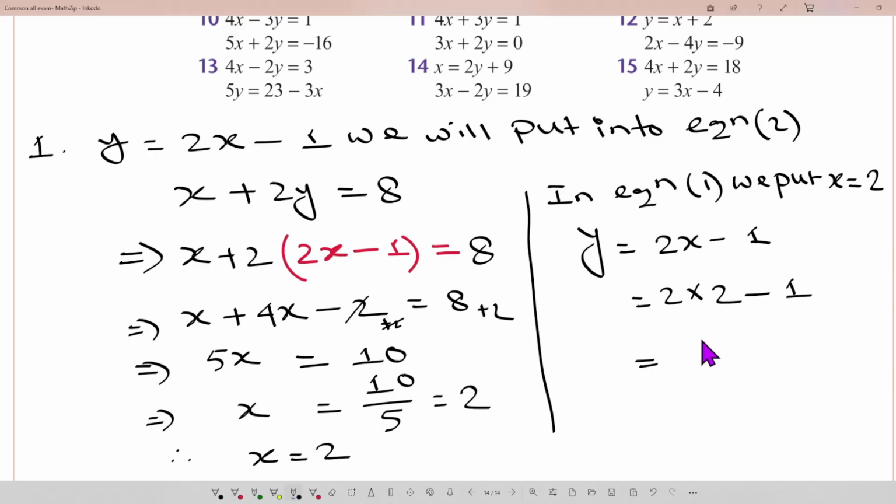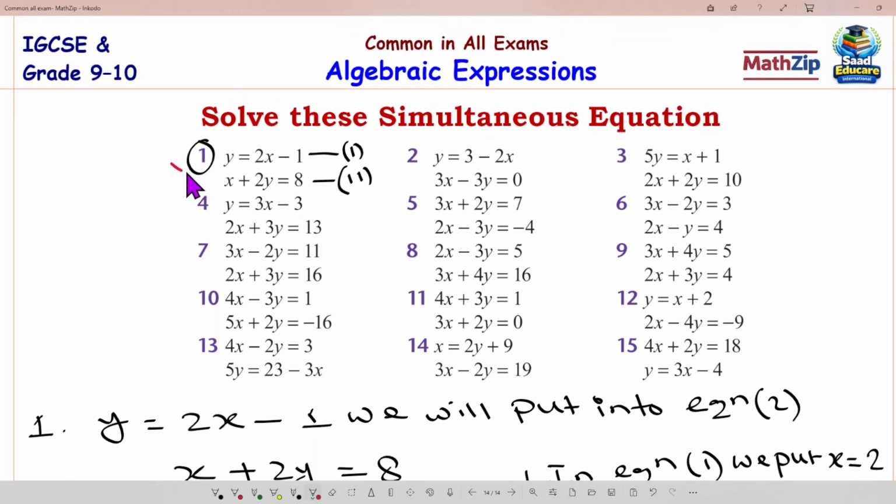So 2 times 2 is 4, then minus 1, it means 3. So finally we get x equals 2 and y equals 3. So number one done. Okay, so my plan is that at least 2 maths problems we will finish in each video.